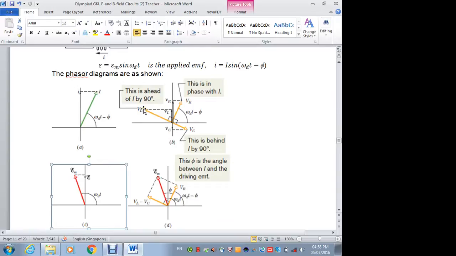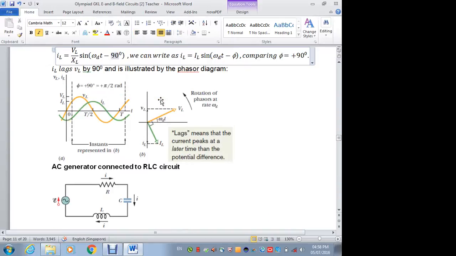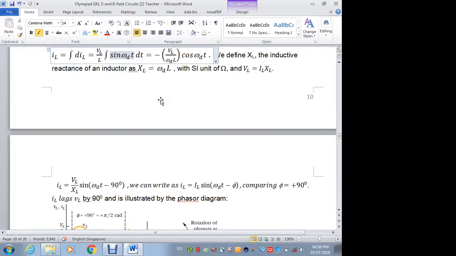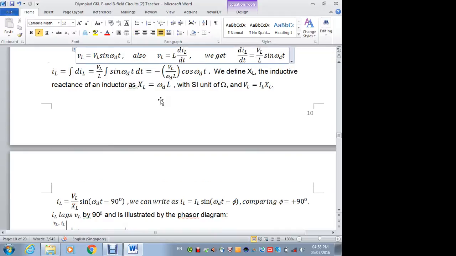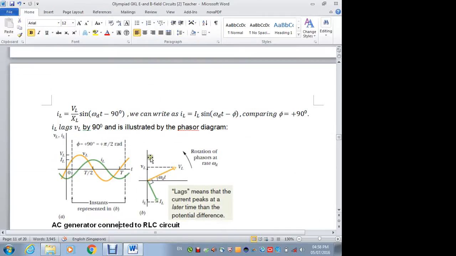Let's see back here. This is the inductor. So the voltage is leading the current by 90 degrees.